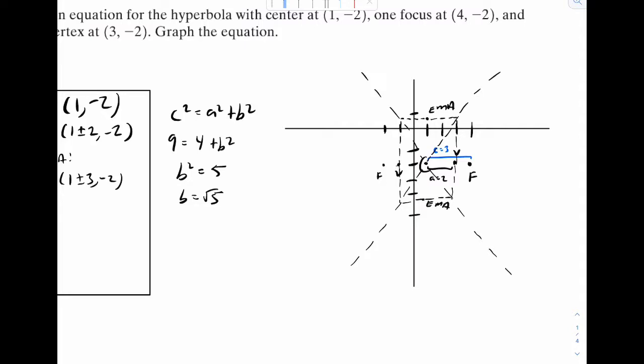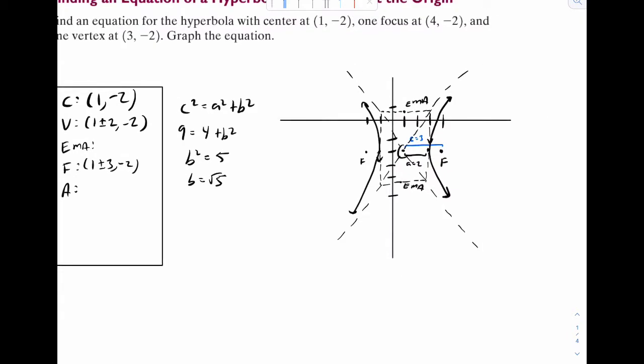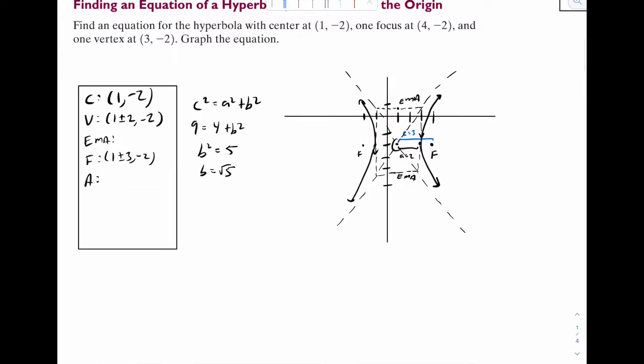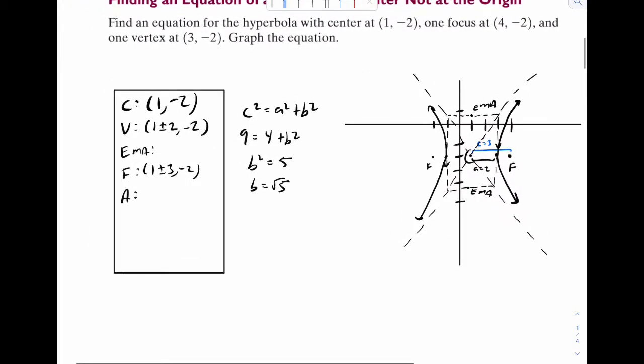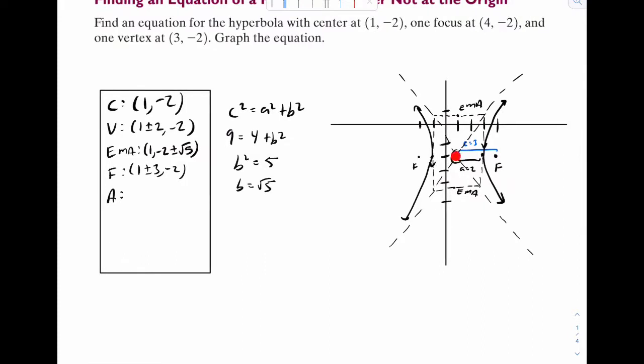And now we can sketch. All right, so there's a nice hyperbola, and we can fill in everything else now. The co-vertex should be 1, comma negative 2 plus or minus the root of 5. And our asymptote, so remember the asymptote, we have to use the center point.